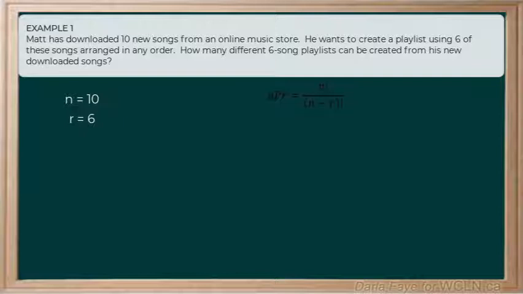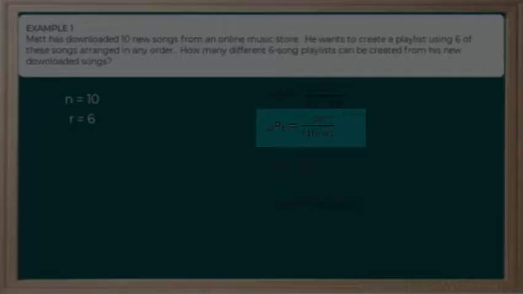So I'm going to start by plugging in what we know. We know that our value for n is 10, so it's 10P6. I can think of that as saying I'm going to pick 6 songs out of 10. On the top of our equation, I'm going to have 10 factorial divided by (10 subtract 6) factorial. Now it's important that we keep those brackets around that subtraction statement.